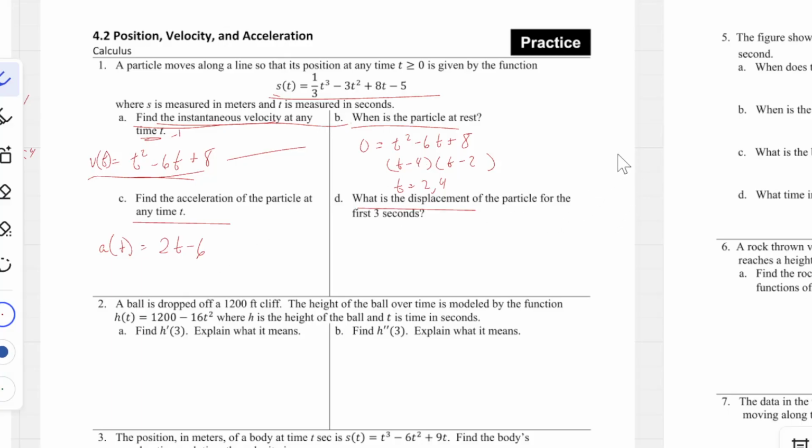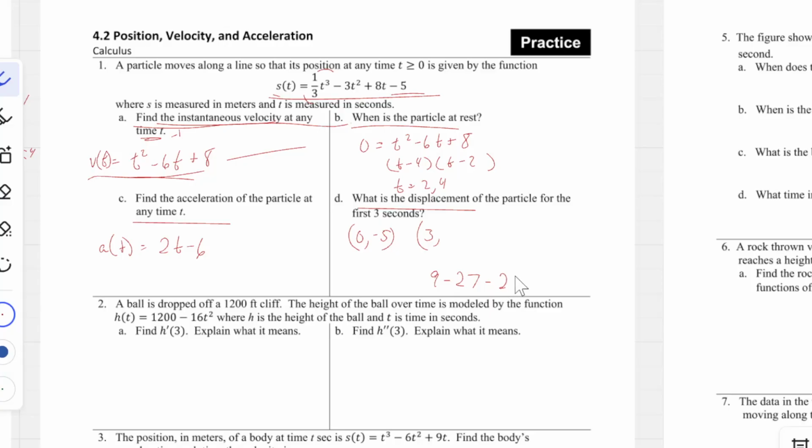Displacement of the particle for the first 3 seconds. So at time equals 0, the position is -5. And at 3 seconds, we'll have to plug that in. 7 over 3 is 9. 9 minus 27.